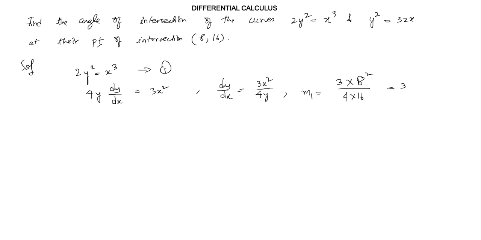Now let us consider another curve, that is y squared is equal to 32x. Differentiating both sides with respect to x, we get 2y dy by dx is equal to 32. This gives dy by dx is equal to 16 by y.